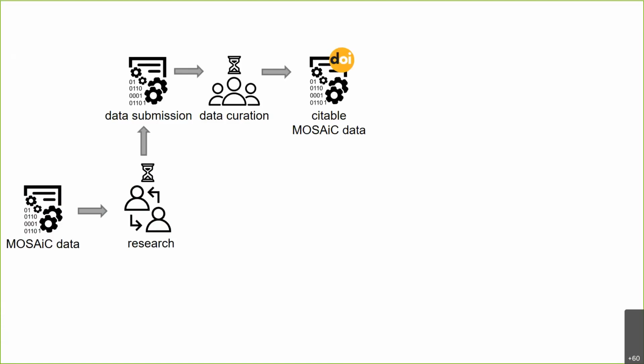So here we ask researchers to submit data as early as possible, even before the paper draft is finished. And then we need a little bit of time, typically several weeks, to prepare the data for publication in a repository and make these data citable. They can still be data protected, but they already have a citation.